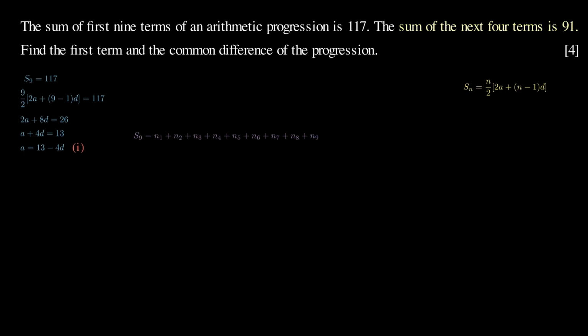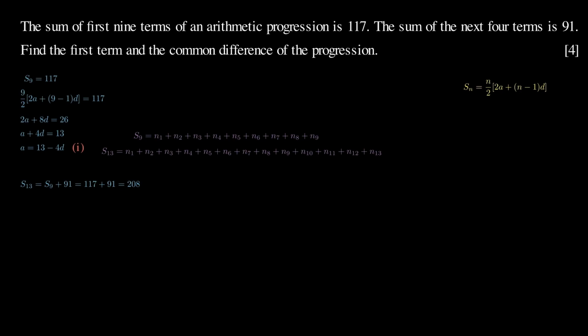Now we are adding 4 more terms into it, which is going to give us S13, which equals N1 up to N13. In other words, S13 would equal S9 added to the next 4 terms, which is equal to 91. So we can say S9 plus 91 would equal S13.